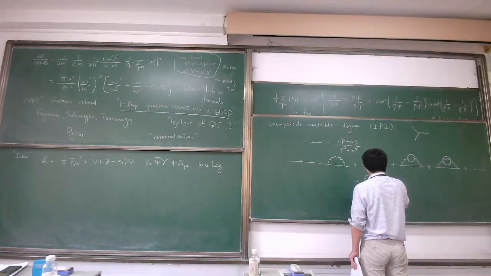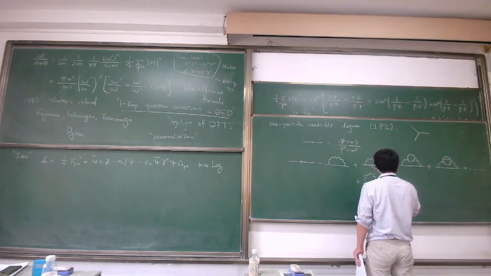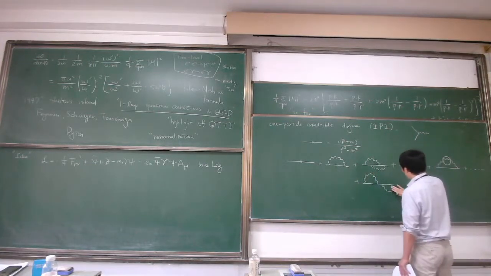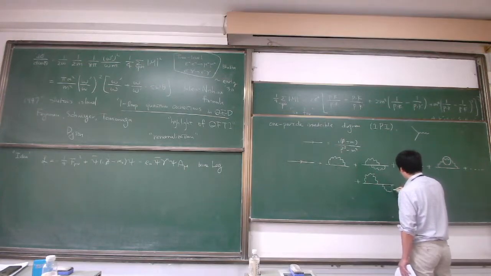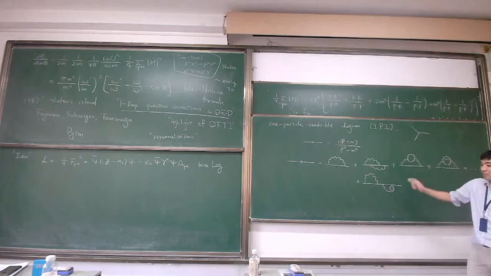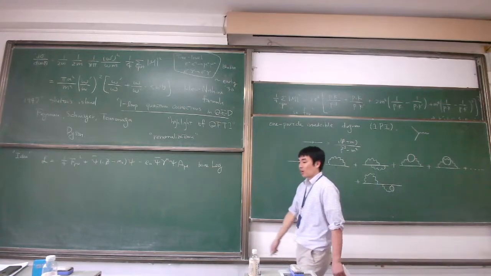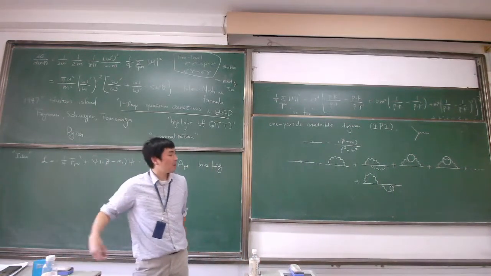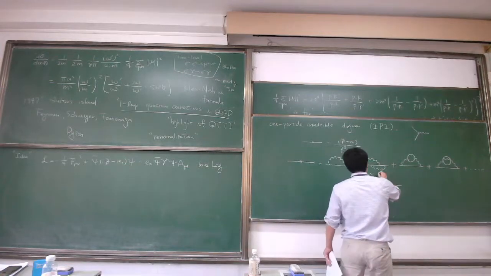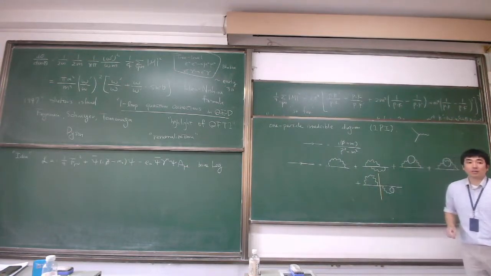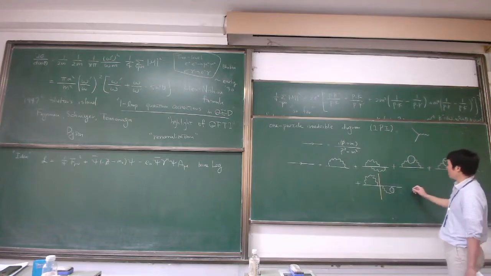I'm not good at drawing this kind of stuff. So this is not one-particle irreducible because you can cut in the middle, in the propagator. So this is not included.